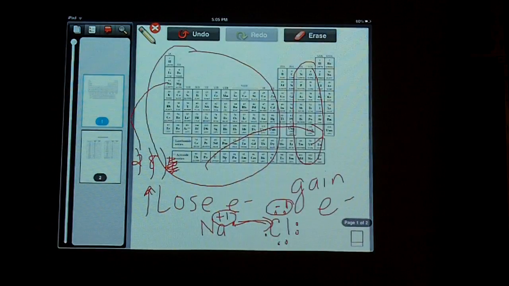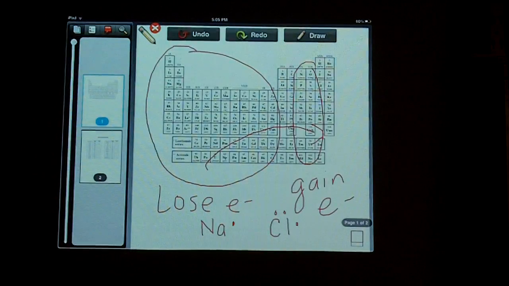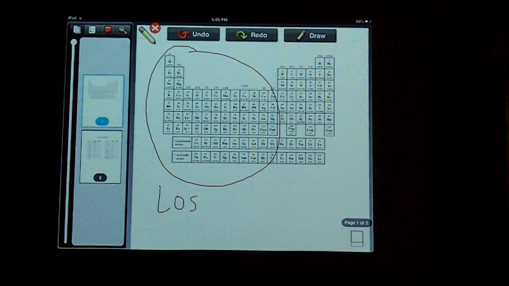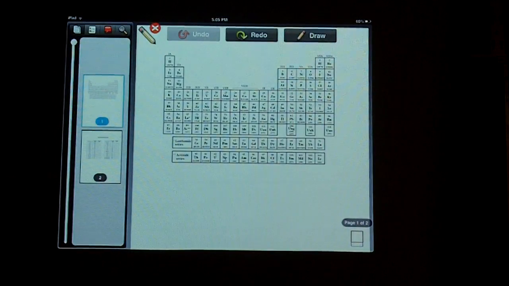With covalent bonds, we have just the opposite. We've got 2 elements that want to do the same thing.